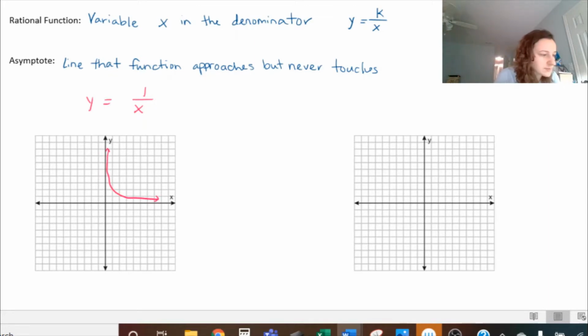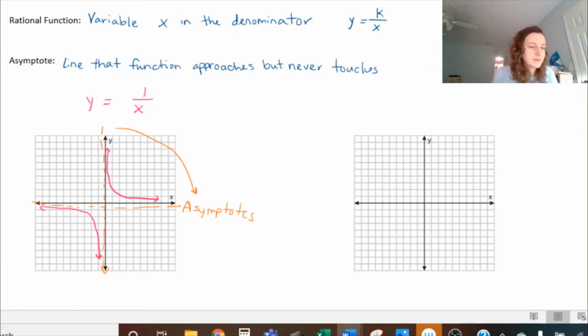Those are your asymptotes. And then it's going to come across this way in two different directions for the negatives and the positives, okay? And so here in orange, the x-axis and the y-axis are your asymptotes. And you've got two of them, okay?